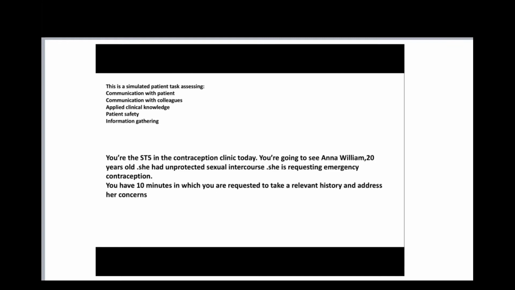Then you ask her about the full gynecological history. So you have to ask her about any discharge from down below, any pain during intercourse, any bleeding in between menses, any pain in the lower part of the tummy or from down below.